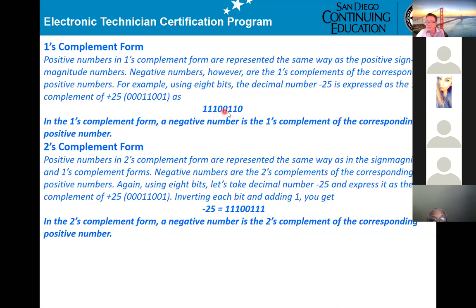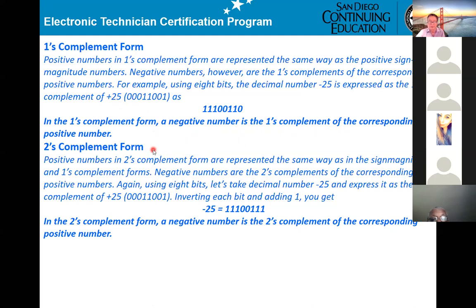How come you get 1100110? It comes from 11001, which is 25, by changing zeros to 1 and 1s to zeros. You have to convert into the first complement. First complement means 0 turns to 1 and 1 turns to 0. In the first complement form, a negative number is the first complement of the corresponding positive number.